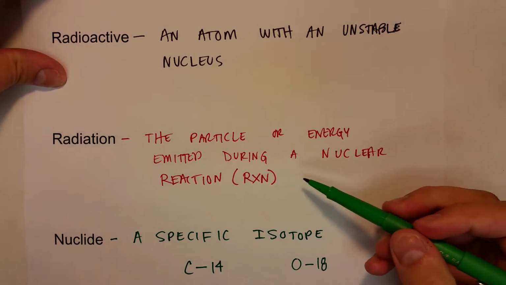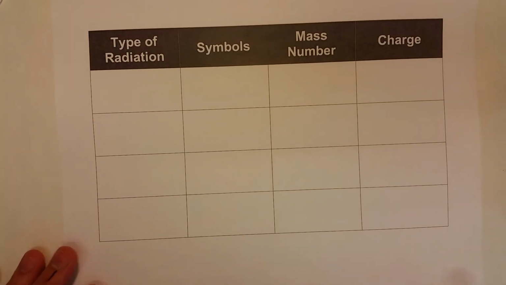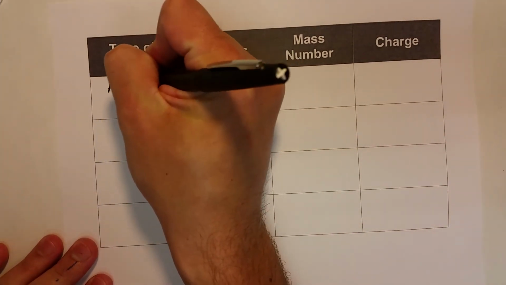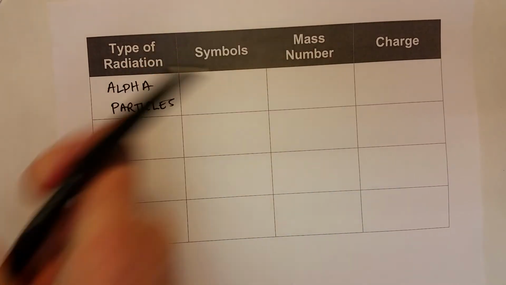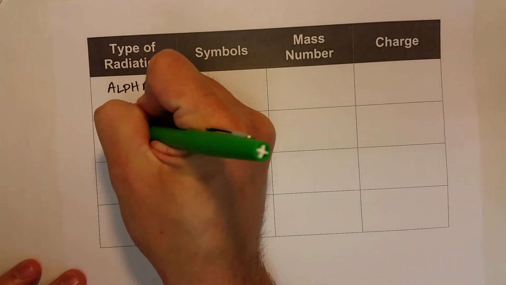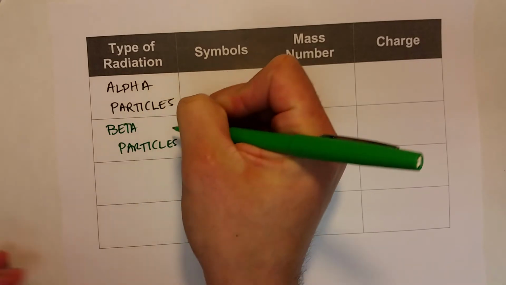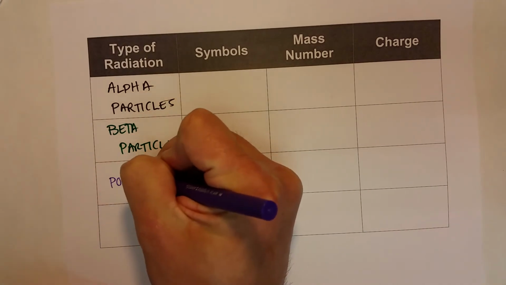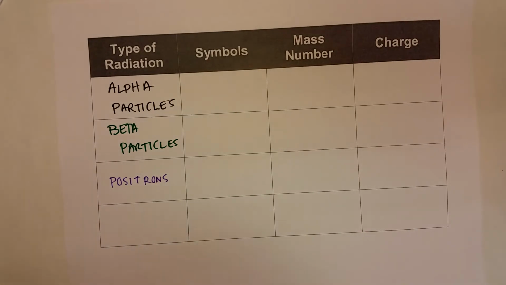So, what are the types of particles and energy that can be emitted during a nuclear reaction? Well, there's 4 main types that we're going to discuss. They are alpha particles, beta particles, positrons, and gamma rays.